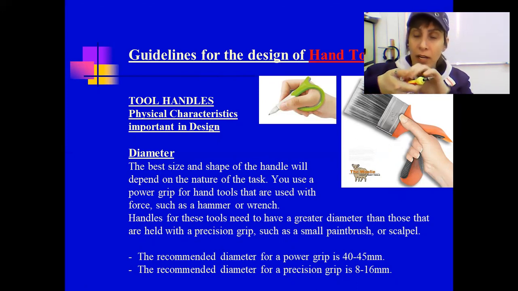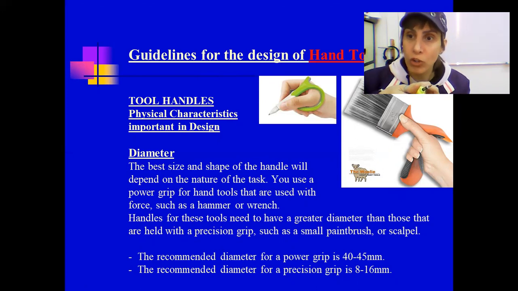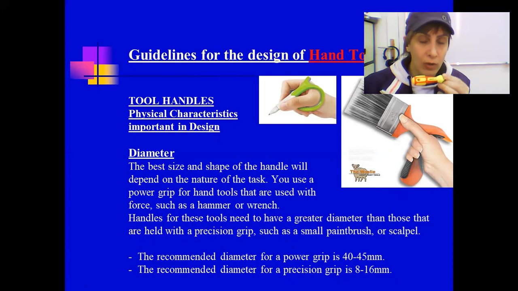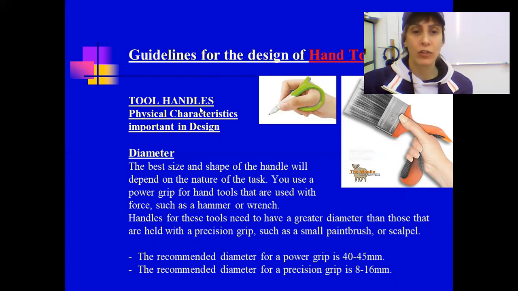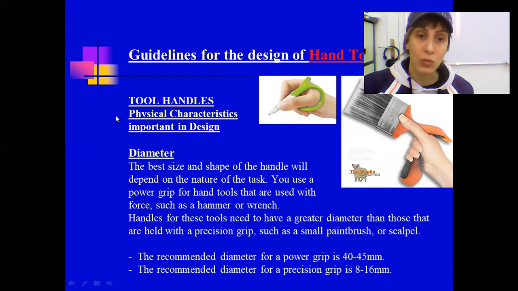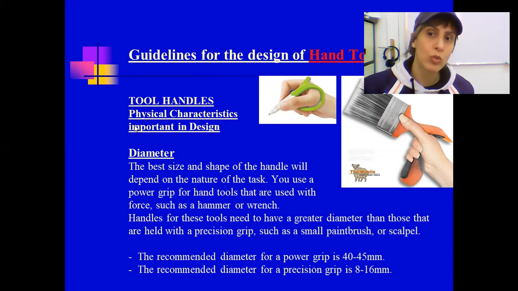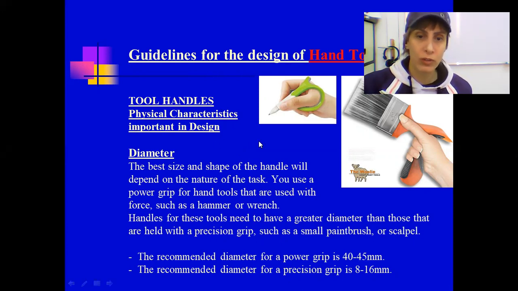Here are the points of contact. So the handle design is very important, okay? So these are the physical characteristics that you need to pay attention to. Remember this because in your project later, you will have to identify the physical characteristics of a certain tool and write about them. So pay attention to these.